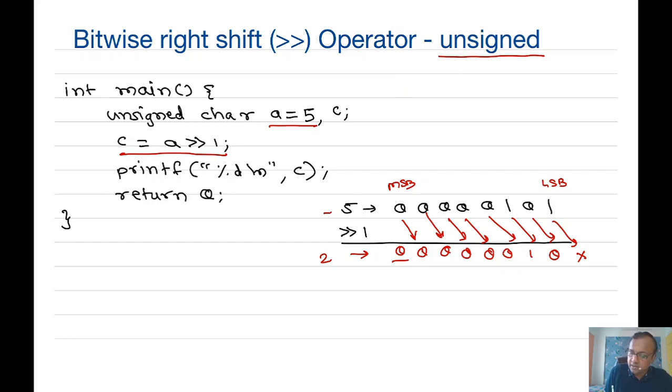What it means is that every time I do a shift by 1 operation, it is basically division by 2. You can generalize this: shifting x by n bits is basically equivalent to x divided by 2 to the power n.